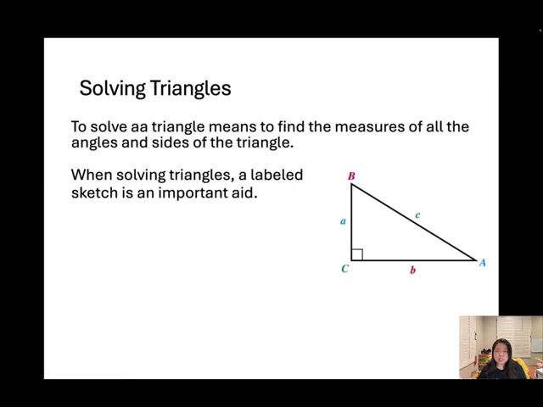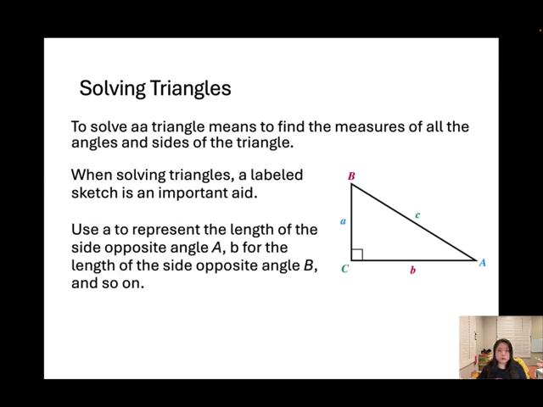And when solving triangles, a labeled sketch is important. You could see when I have angle A, we use the capital letter for the angle, and we use a lowercase letter for the side. And the side is always opposite to the angle.